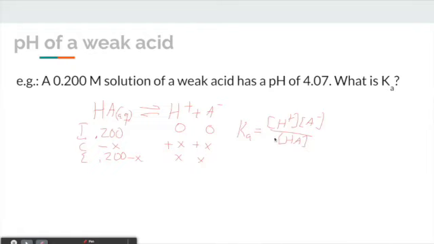But the concentration of H plus and the concentration of A minus are just going to be X, and the concentration of HA is 0.2 minus X. Ka, we just don't know what it is.